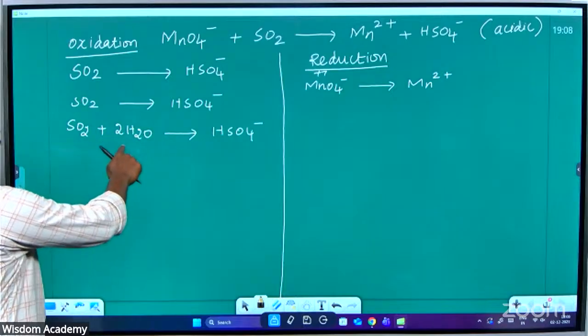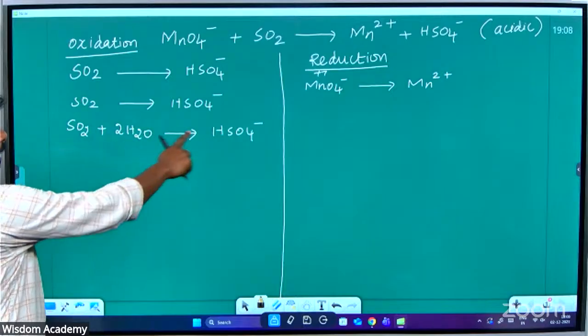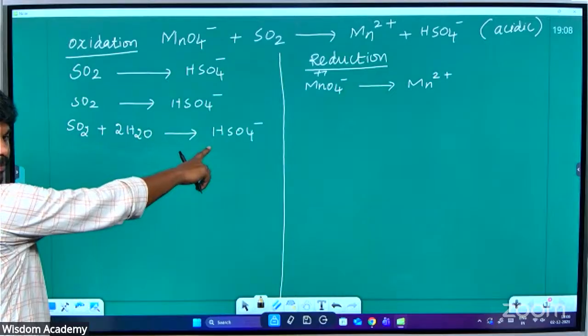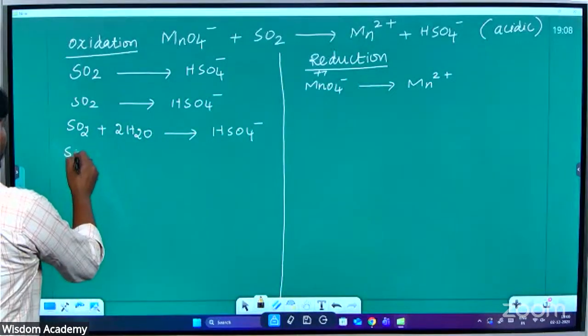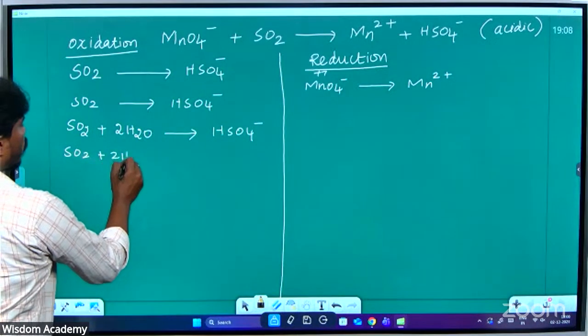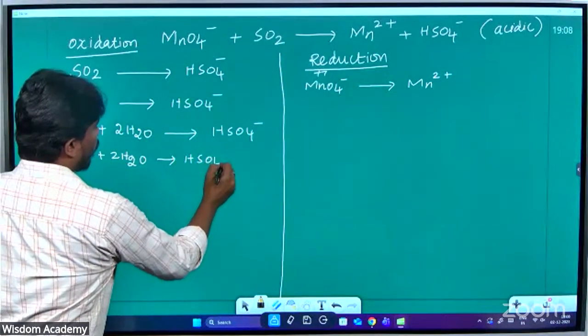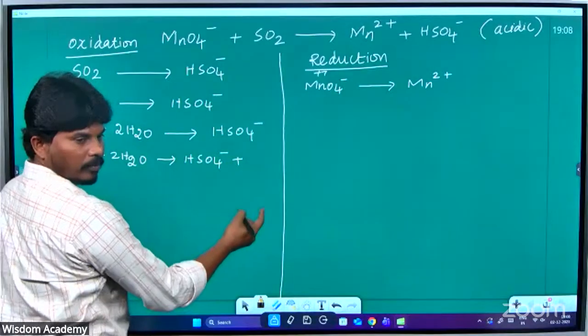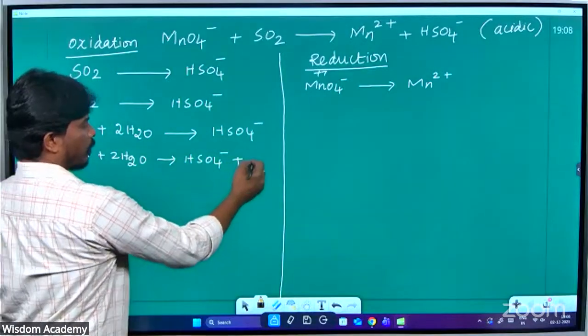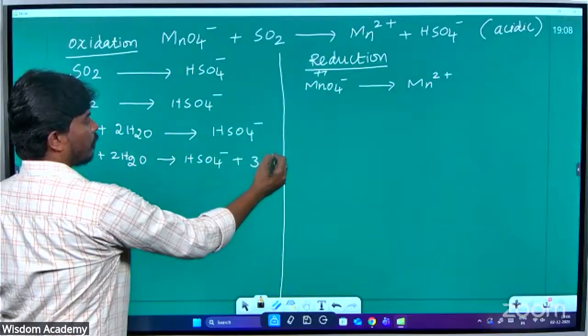Here the number of hydrogen on the left side is 4, but on the right side one hydrogen is already present. So SO2 plus 2H2O gives HSO4 minus plus 3H plus.